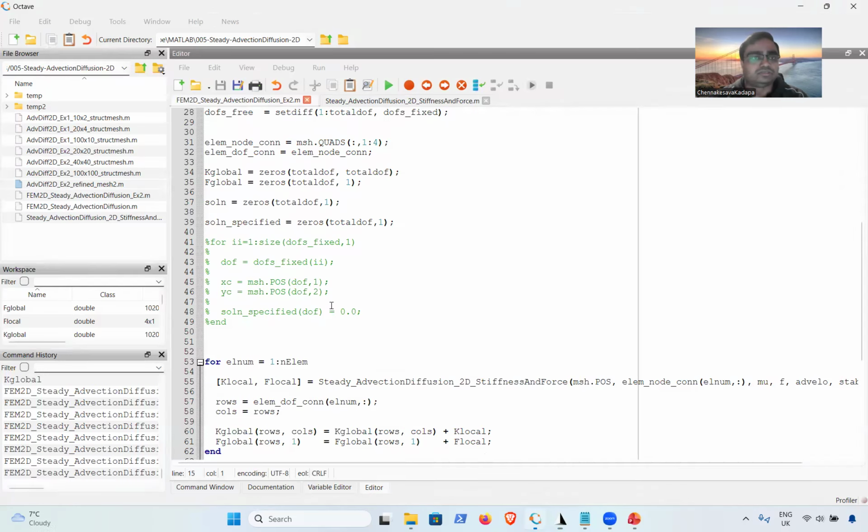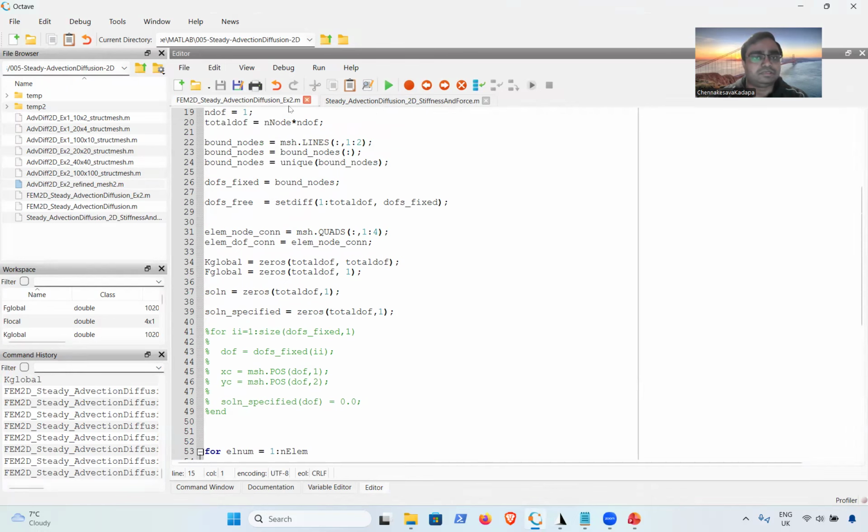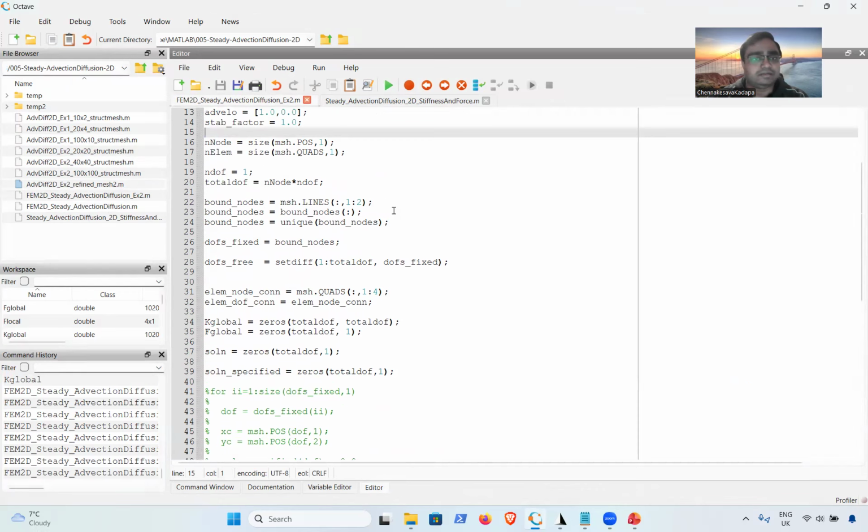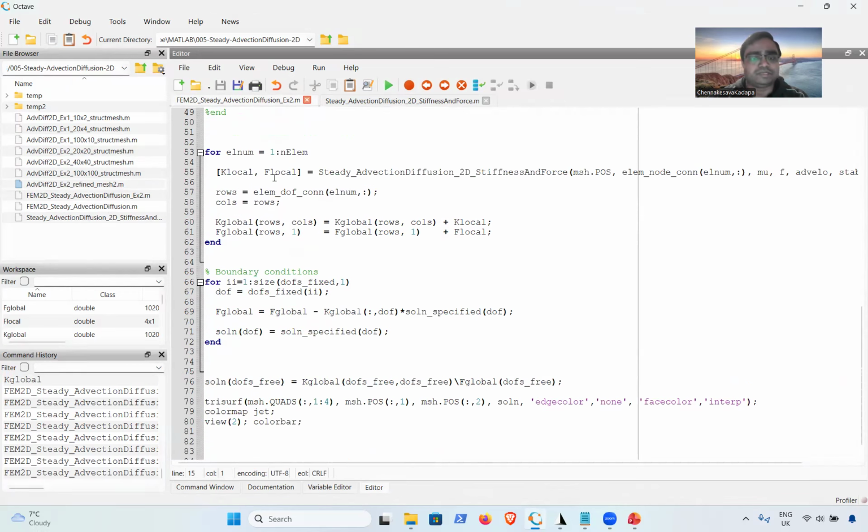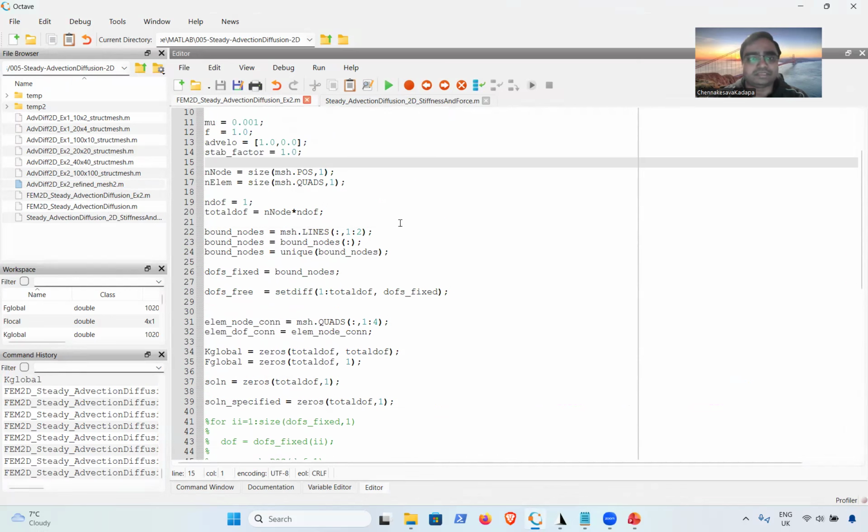I have created those three different meshes with 20 by 20, 40 by 40, and 100 by 100. I have saved the main file, the main loop where we loop over the elements and where we have all the information about boundary arrays. I have copied it and saved it as example2, a new file.